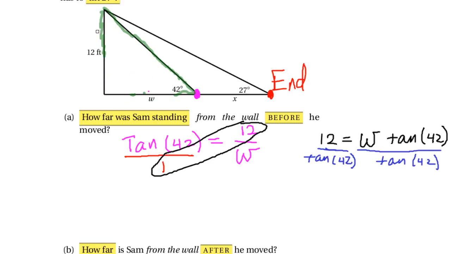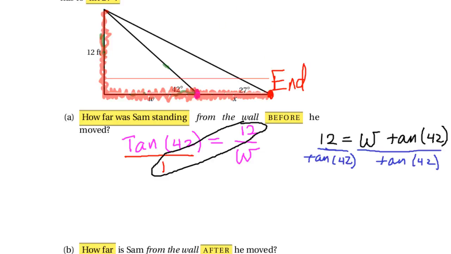And I can say, okay, what we need to do now is focus on how far is Sam from the wall after he's moved. So starting at the wall and going all the way to where he is after he moves. Notice that is the entire red triangle bottom right here. And then that means I'm going to have to focus on this larger triangle.